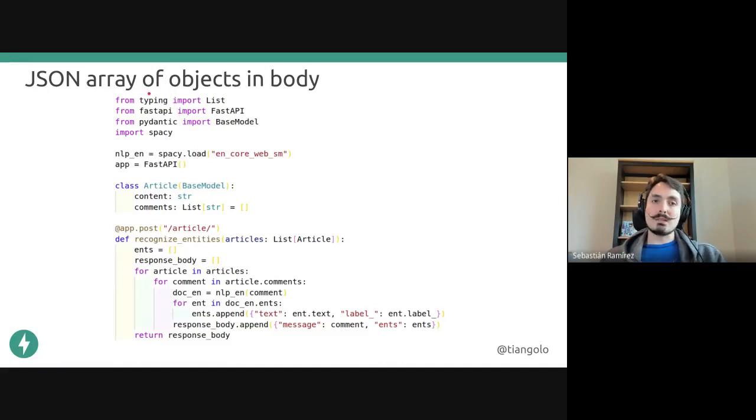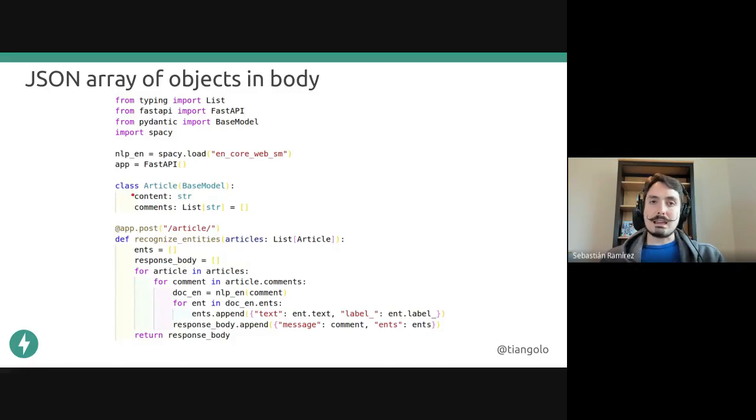Now, let's say that we want to receive something more complex than this simple article that we declared. We want to receive a JSON array of objects, of JSON objects in the body. So this will be the equivalent of a list. A JSON array is the equivalent of a Python list, and JSON objects are the equivalent of Python dictionaries. So let's say that we want to receive a list of this particular type of data.